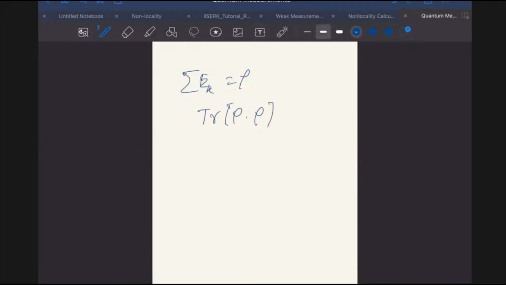Rho is a pure state, let us assume. Then trace of rho square should be 1. So rho is a pure state, and the sum over ek equal to rho. So why are you taking the sum over ek equal to identity?